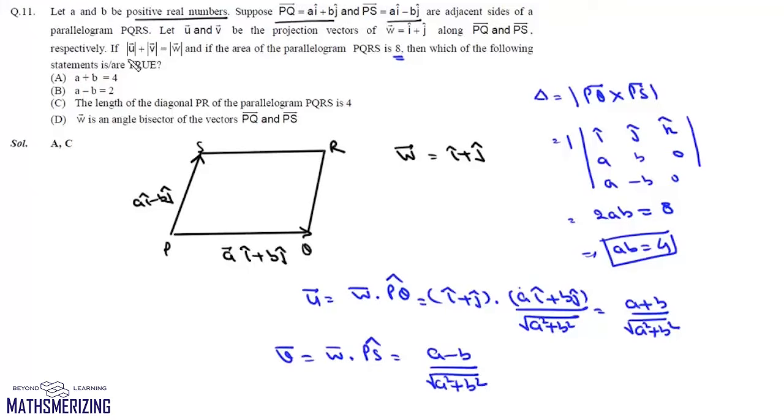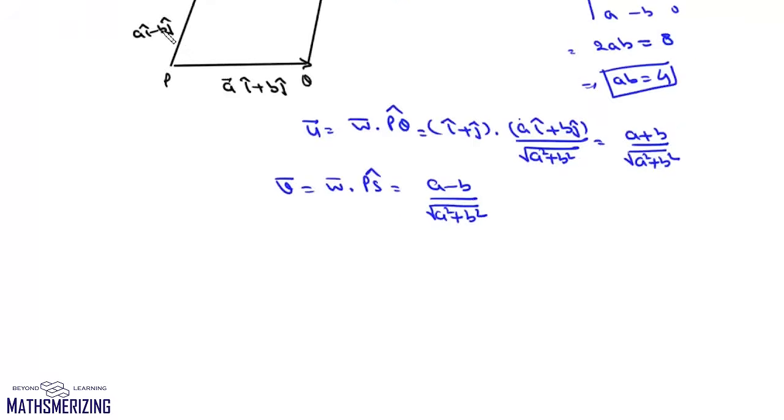Now we are given that mod U plus mod V equals mod W. So mod of U plus mod of V is equal to mod of W. Now mod U is A plus B upon under root of A square plus B square.